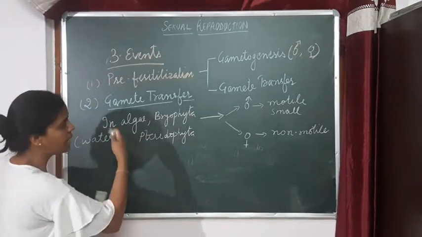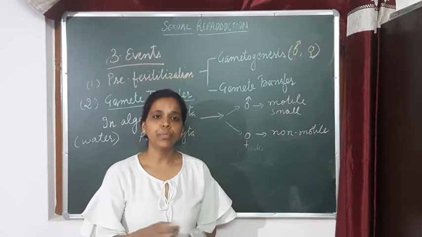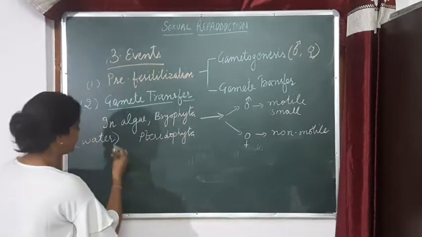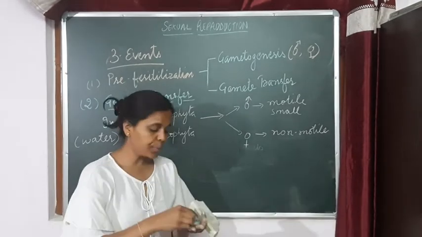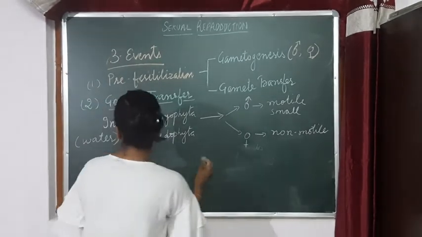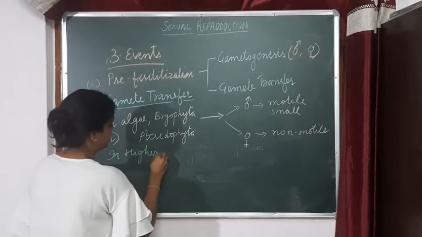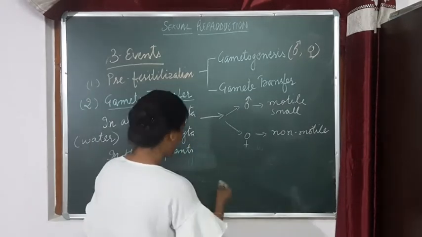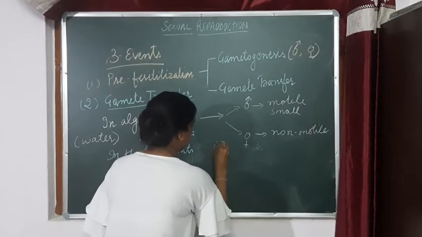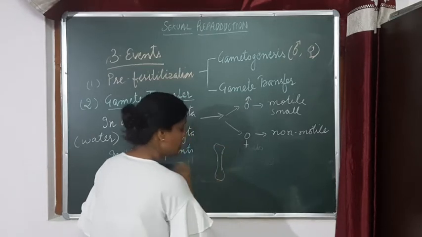Similarly, as I have told you in higher classes also, in higher plants the pollen tube is formed, right? Suppose here are the stigma, style, and the ovary.